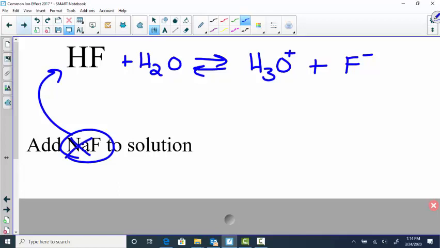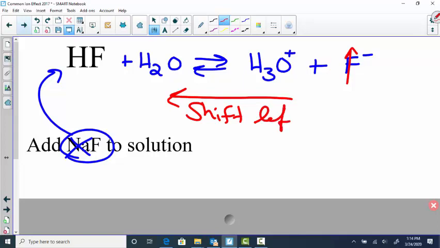Again, sodium doesn't matter because there's nothing in common to the equation with sodium, but essentially what we're doing is increasing that concentration. So again, we would shift this to the left. This right here is the common ion that's coming from NaF.